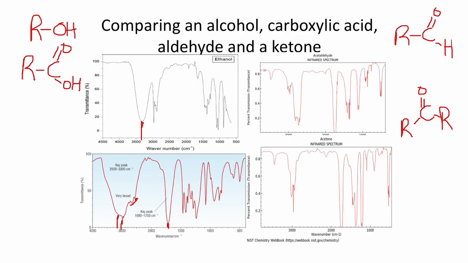Additionally, in your aldehydes, you're also going to have a weak to medium intensity peak of your carbon to hydrogen stretching band, typically in the late 2000 wave number region, between 2700 and about 2800 and some change, that you won't have in your ketone.